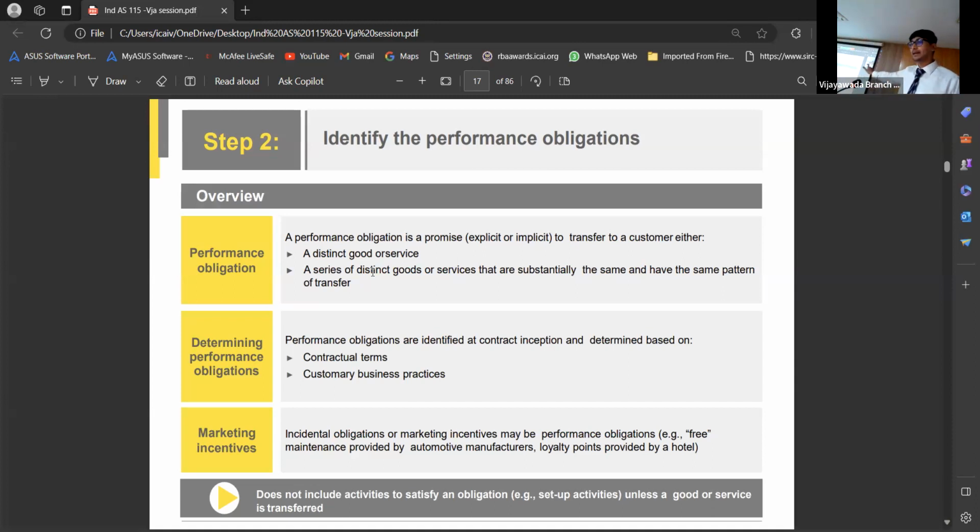So in both the cases, you will have performance obligation. So then what we are trying to say is, once you determine the performance obligation, there is one more factor you have to consider, which is not in the contract, could be customary business practice. How many people have pani puri here?